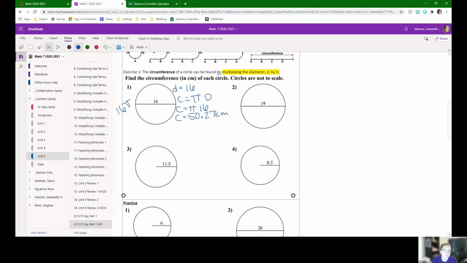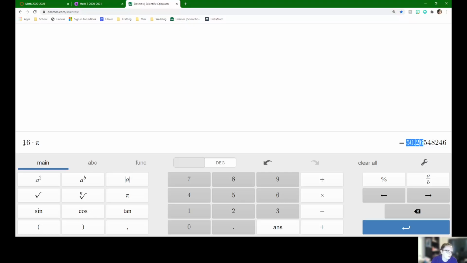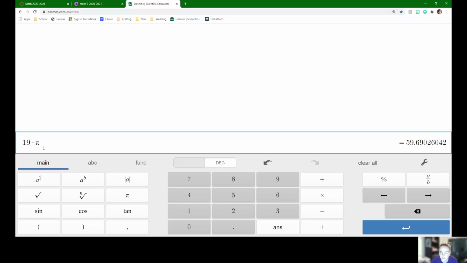Now that we did this first one together, why don't you try number 2? On this one, we can see the diameter is 19. So pause the video and try number 2 now. Okay, so hopefully you just did pi times 19. On our calculator, I can just change the 16 to a 19.